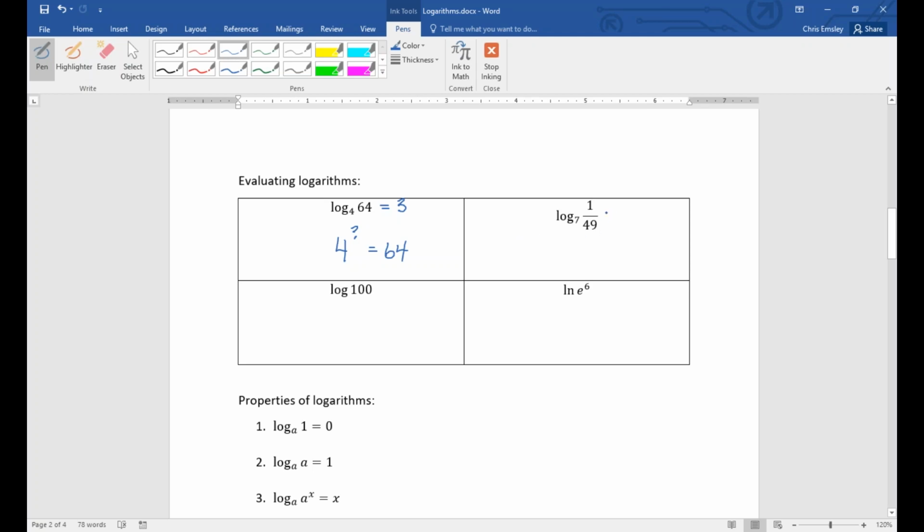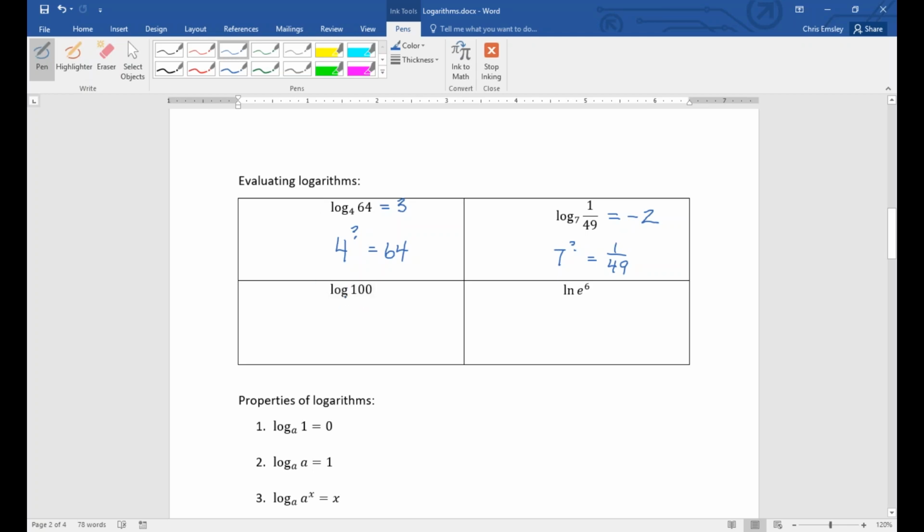Same thing on this next one. Remember, the answer is going to be an exponent. So the question is 7 raised to what power gives me 1 over 49. Well, 7 squared would give me 49. If I wanted to turn it into a fraction, it would actually have to be 7 raised to the negative 2 power.